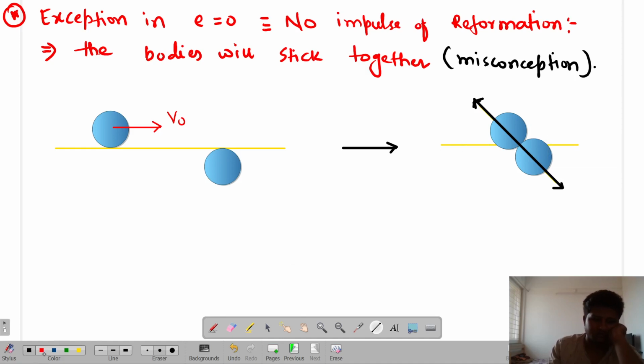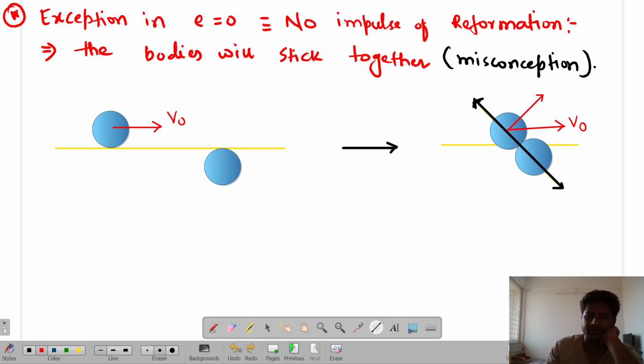Now look over here. If we talk about the velocity of the first ball, this was along this side, which was v naught, isn't it? Now this v naught will have two components, one along this side, another along this side.